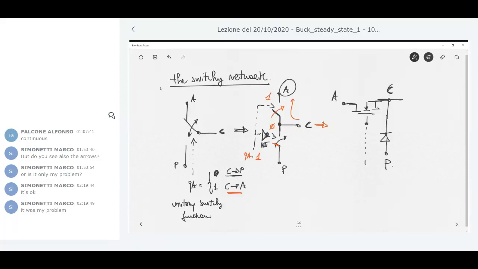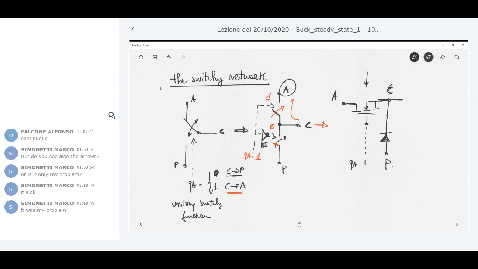Now you just need one QA, unit switching function, because the MOSFET is something that you can command to be on and off. The diode is a switch which is not controllable, in the sense that the diode can be on and off depending on the voltage and currents of the circuit in which the diode is connected. So it's not something that I can command. It depends on other variables in the circuit.